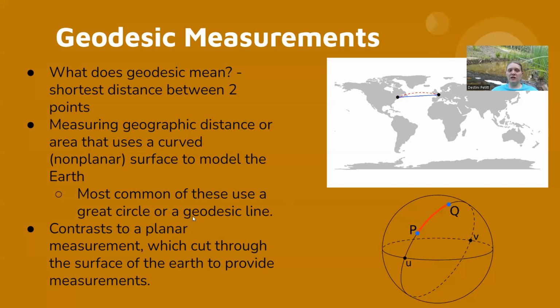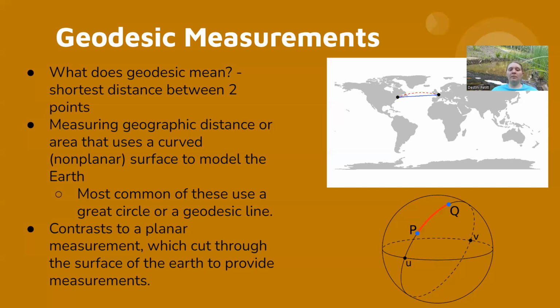So this geodesic measurement contrasts to those planar measurements, which cut through the Earth's surface to provide measurements. Here, instead of cutting through the Earth's surface, we're starting to take into account the curvature of the Earth. And again, depending on which Earth you choose, those measurements may or may not be slightly different, right?